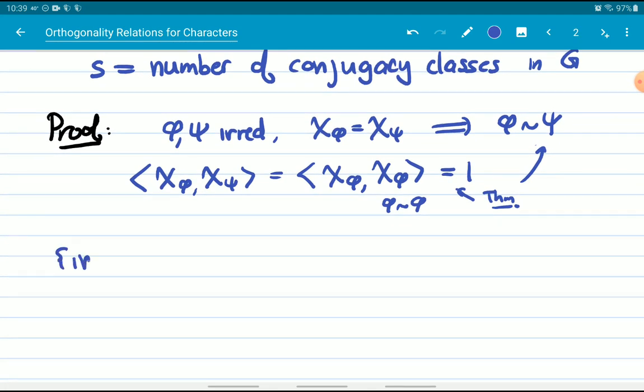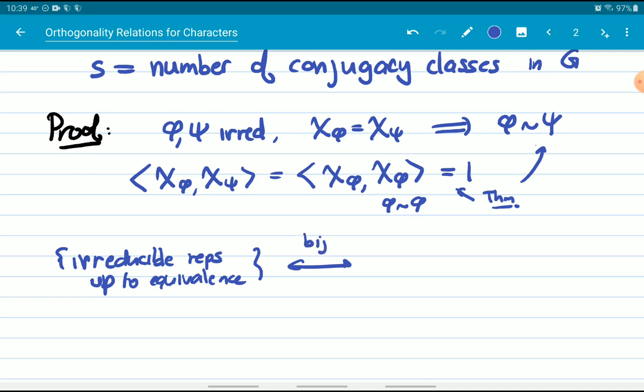Okay, so the set of irreducible representations up to equivalence is in bijective correspondence with the set of characters of such representations, which is a subset of the set of class functions.